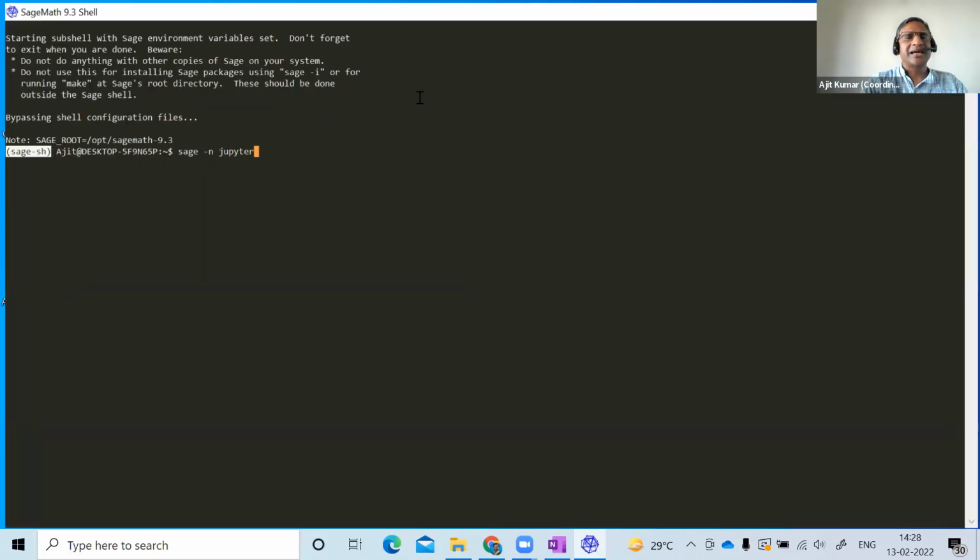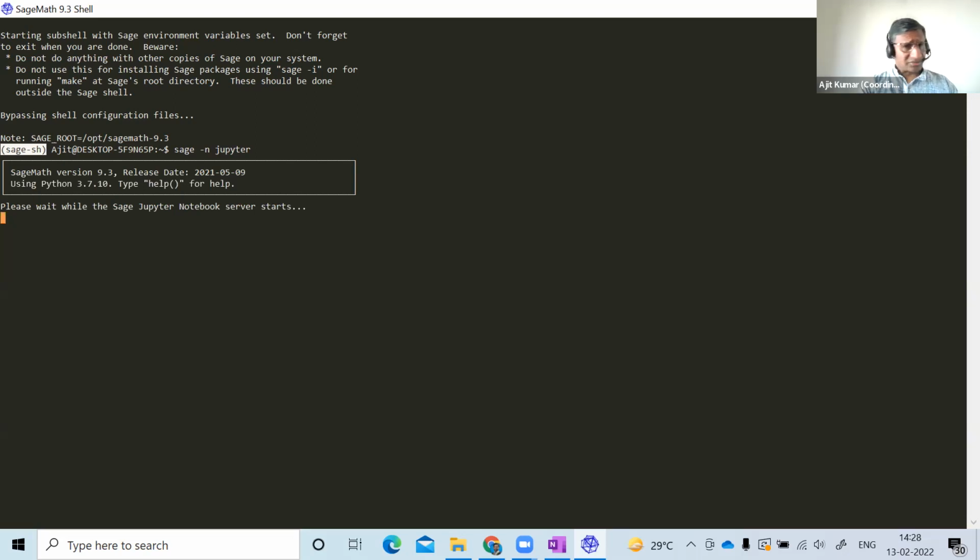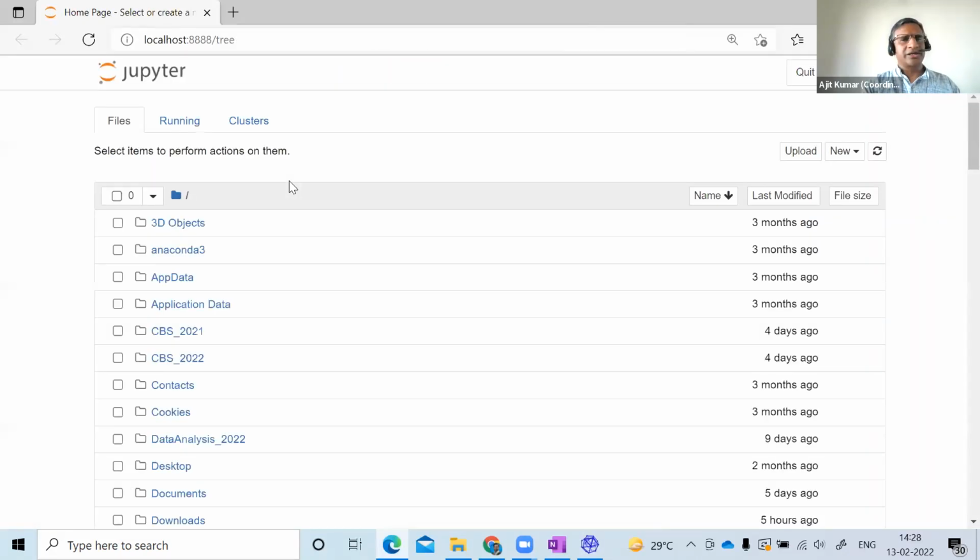This tells me that I am asking Sage to open through Jupyter Notebook. You can also open using Jupyter Lab, which is a slightly more advanced version of Jupyter. Or you can change to any directory and then open, that also you can do. Let me open this. But in case you have already started, you can continue to use whatever you have done. There is no problem in that.